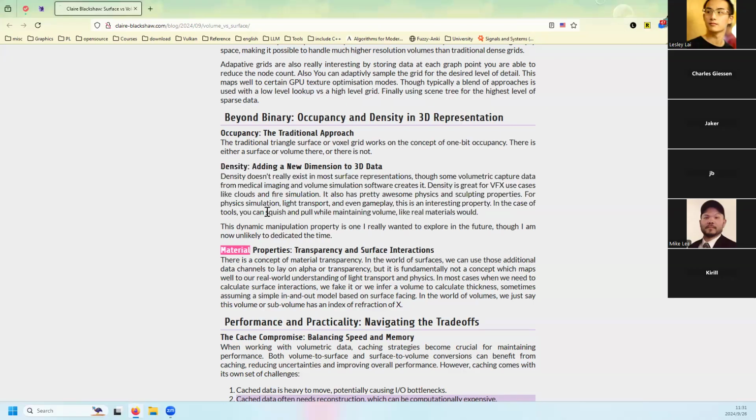Density and material properties. Yeah, we can add additional information for the materials.